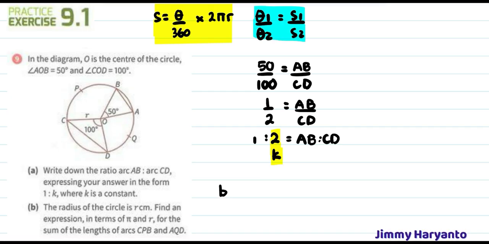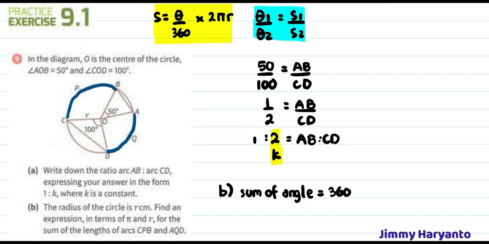Okay, next B. For B, the question wants you to find an expression in terms of pi and r for the sum of the length of CPB. CPB is this one and AQD is that one. So for this one we have to find the sum of the angle first. The sum of the angle for both arcs will be 360, one rotation, minus 100 minus 50.